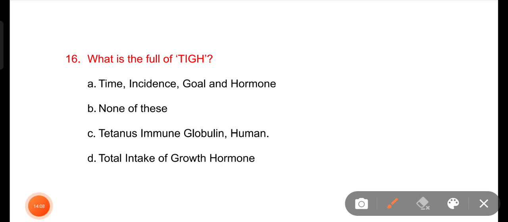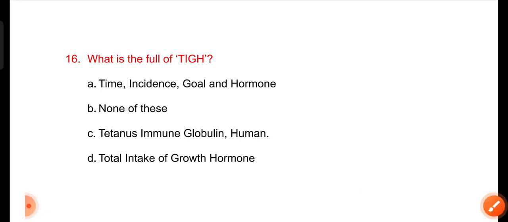The right option is option A. Sorry, the right option is option C. Tetanus immunoglobulin human. The full form of TIG is tetanus immunoglobulin human.